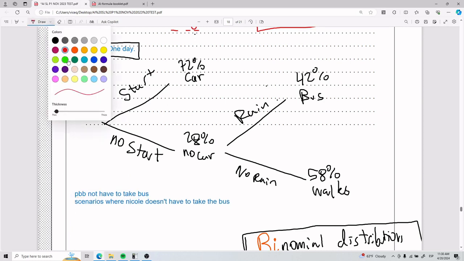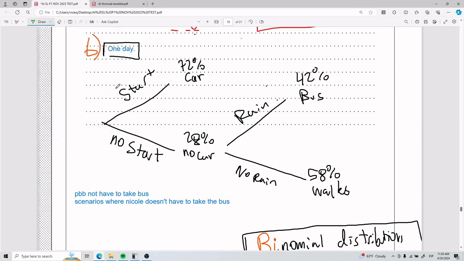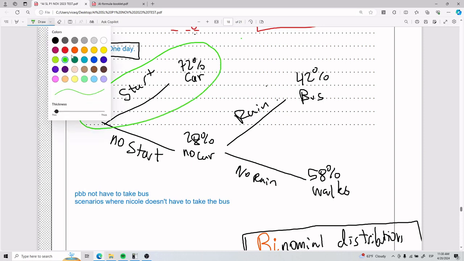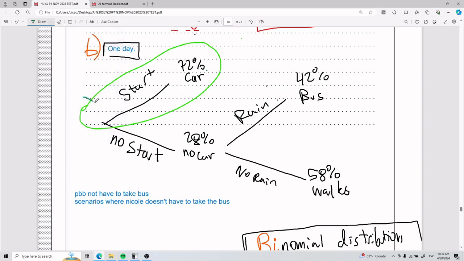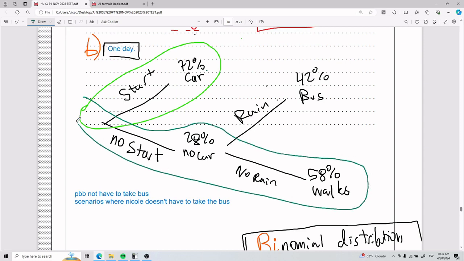Here we have two scenarios. You have this first one where the car starts and so she just goes, no bus. And you have a second scenario where your car doesn't start, but it doesn't rain, so she walks. Those are your two scenarios.